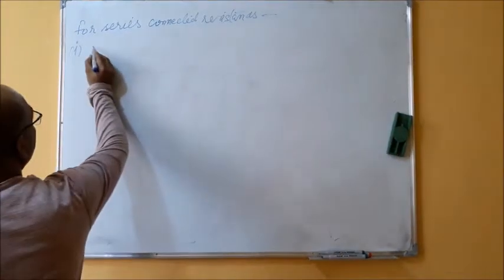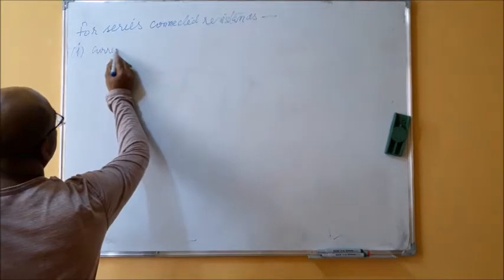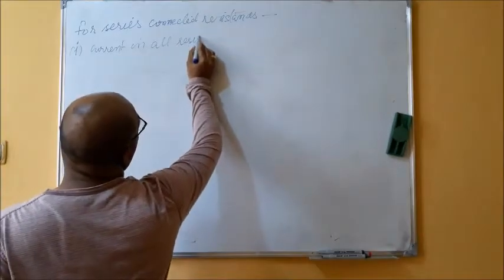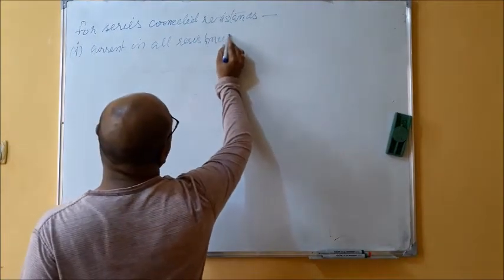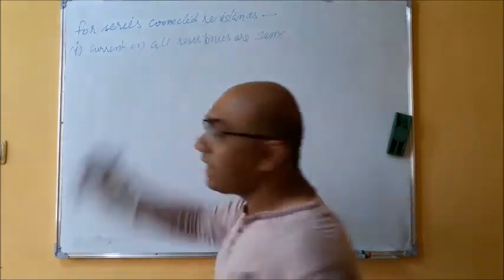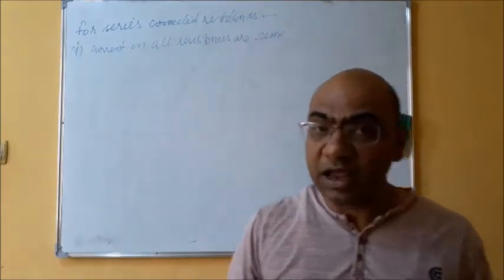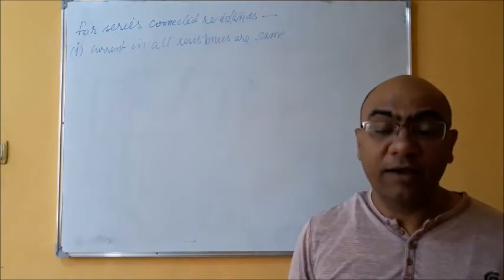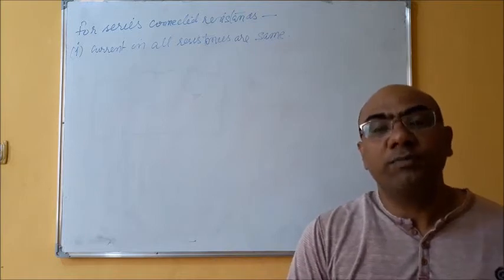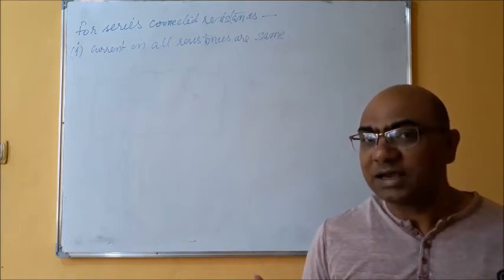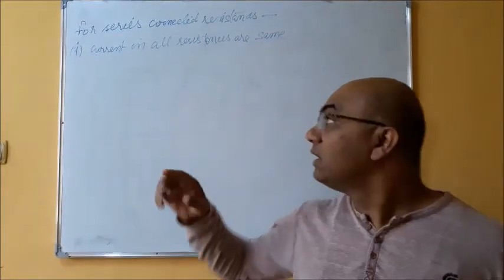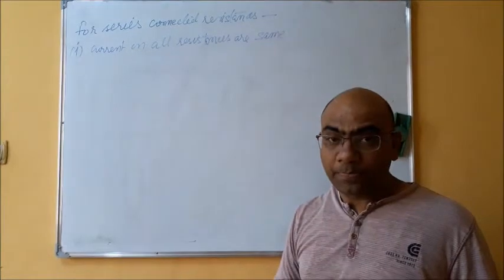So what can I conclude? The current in all resistances is the same. Hence, if I have a circuit and have to estimate whether the resistances are connected in series or parallel, I will check whether the current is the same in all the resistances or not. If the current is the same, this means these resistances are in series.